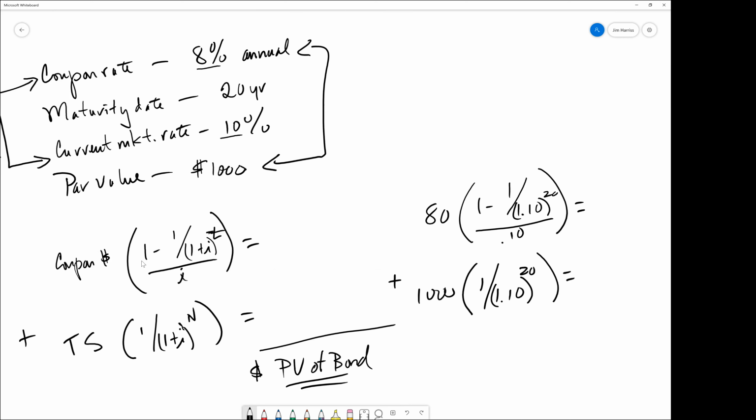It's going to give you this factor, let me write it up here, 8.5136. And this other factor is 0.1486. So if you multiply 1,000 times that number, you get 148.64.